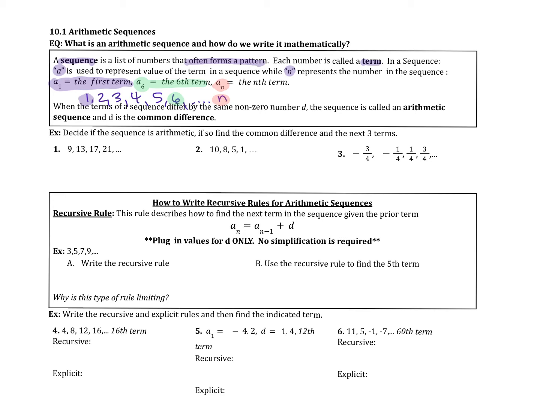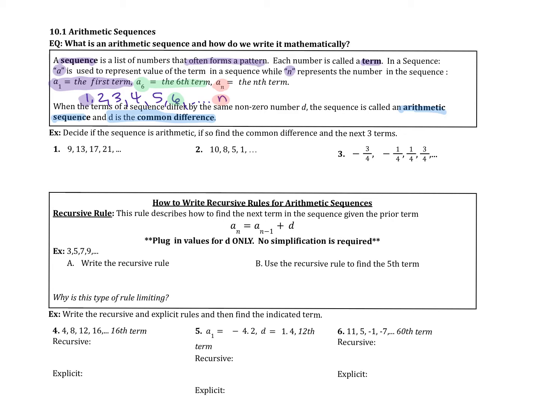Now we're going to talk about, for the rest of this section, a very specific type of sequence, and that's called an arithmetic sequence. An arithmetic sequence is a sequence where the pattern is that you are adding or subtracting the same number over and over and over again. And that number we refer to as D, and we call it the common difference.